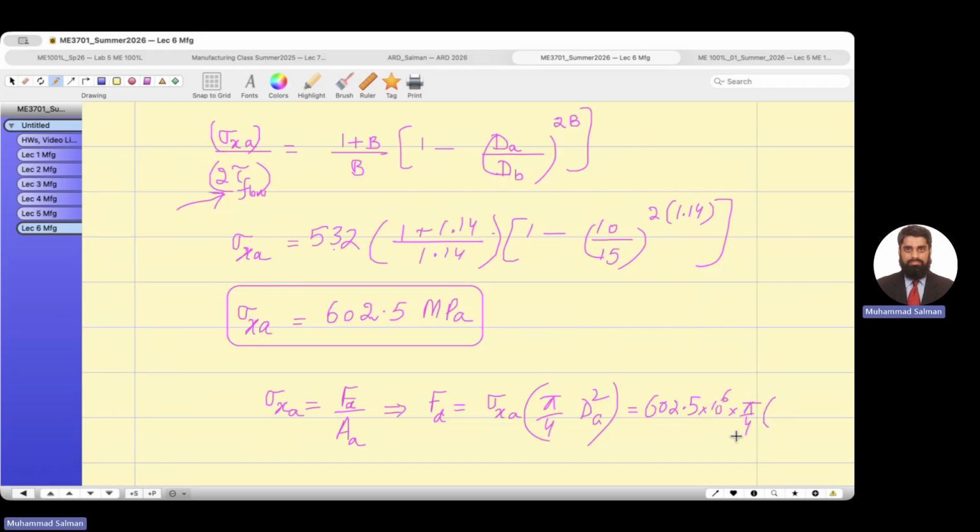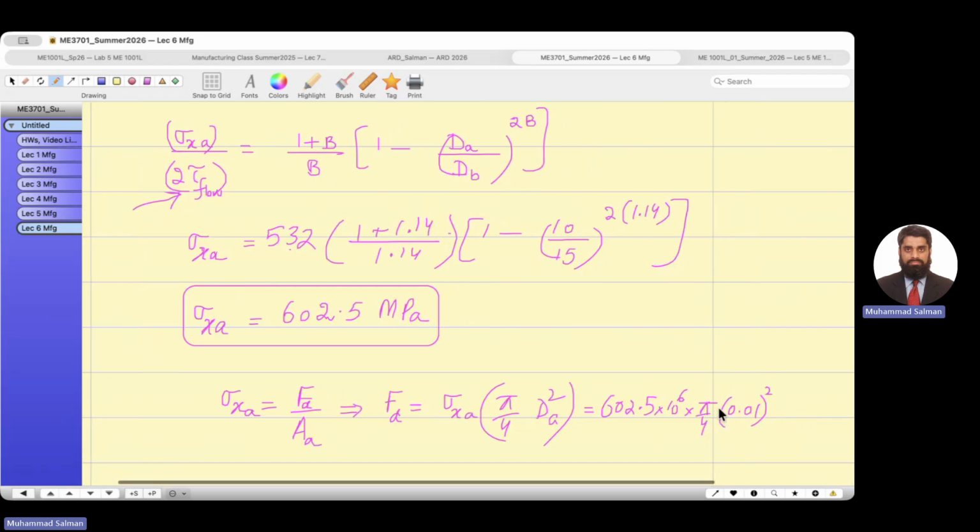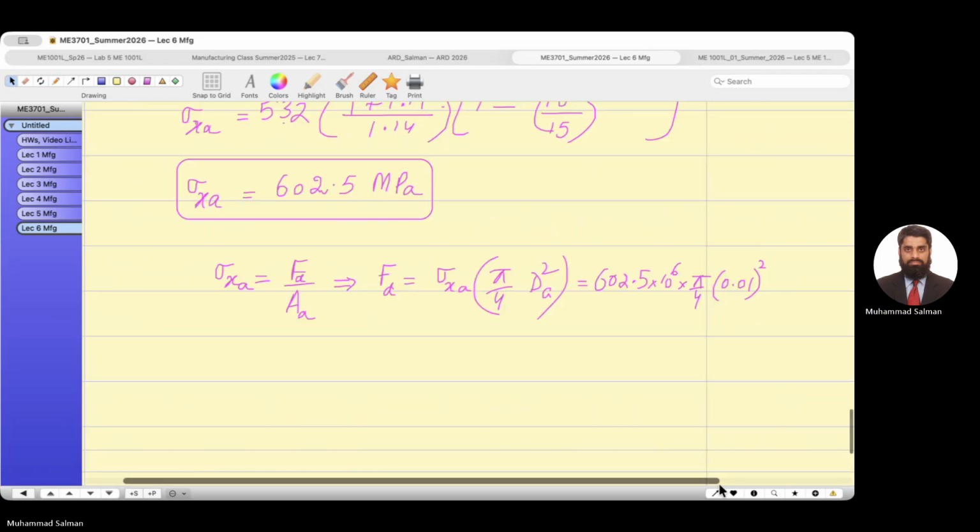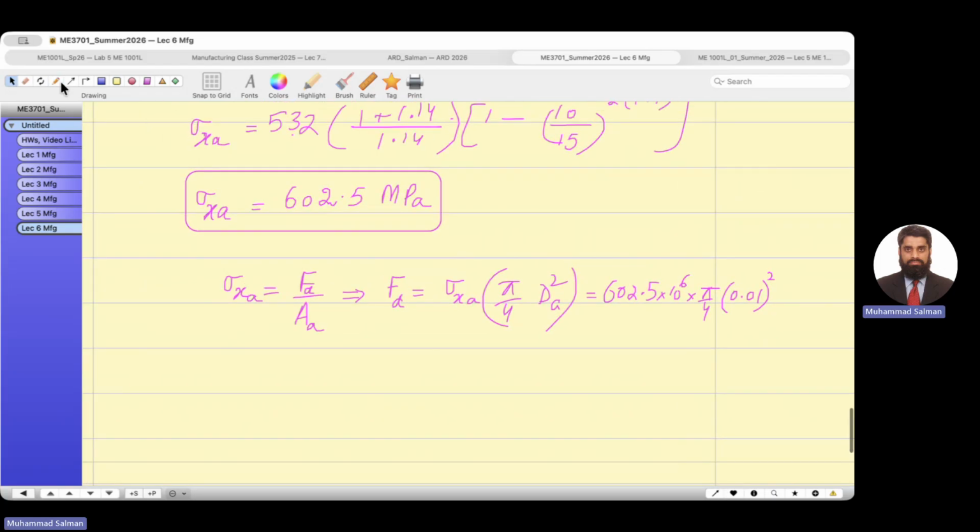Open your calculators, and the diameter is 10 millimeters, so let's convert it into meters. How much do you get for the force? You help me. What is the drawing force? Is it 47.3 kilonewtons?